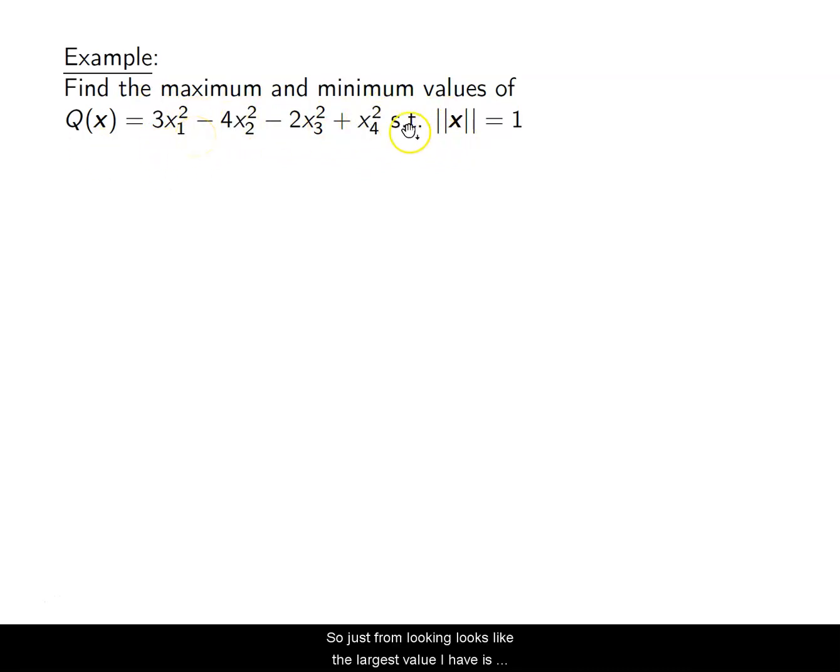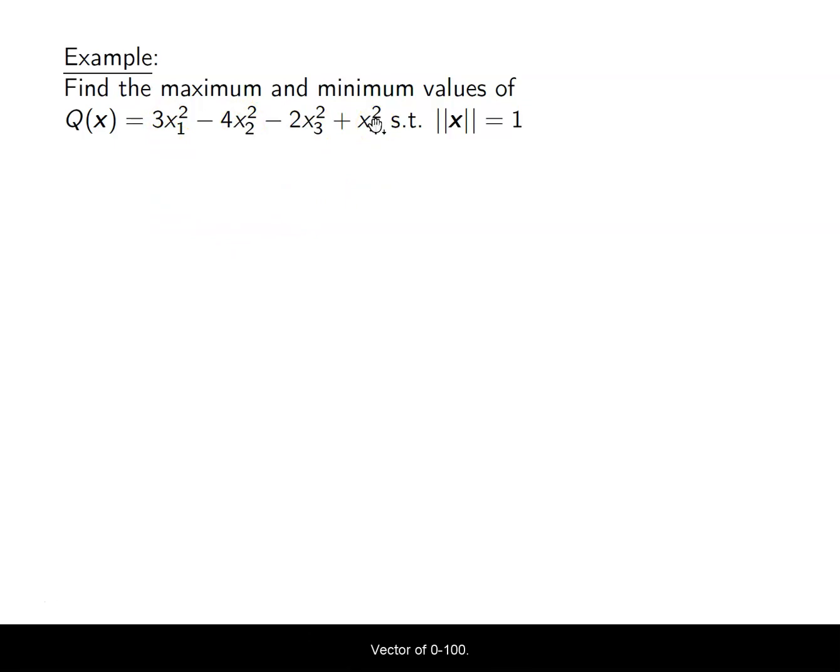Just from looking, the largest value I have is 3 and the smallest value I have is -4, right? 3 happens in the first position, so the max is 3 at the input vector 1, 0, 0, 0. The minimum is -4, and that happens at the input vector 0, 1, 0, 0.